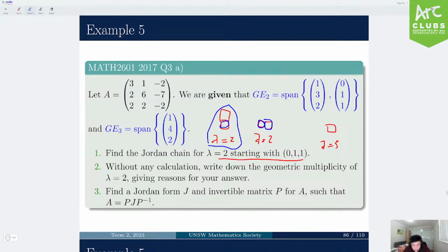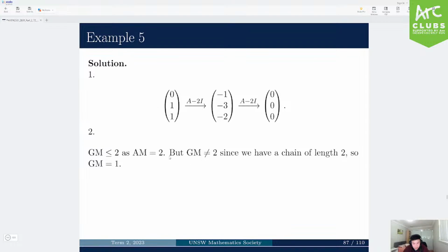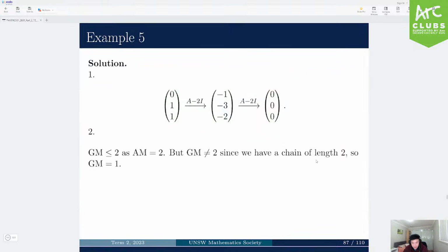In this case we just have 1. Geometric multiplicity can't be 2, since that's the second case where we have 2 blocks in the bottom row. Because we have a chain of length 2, GM is going to equal 1.